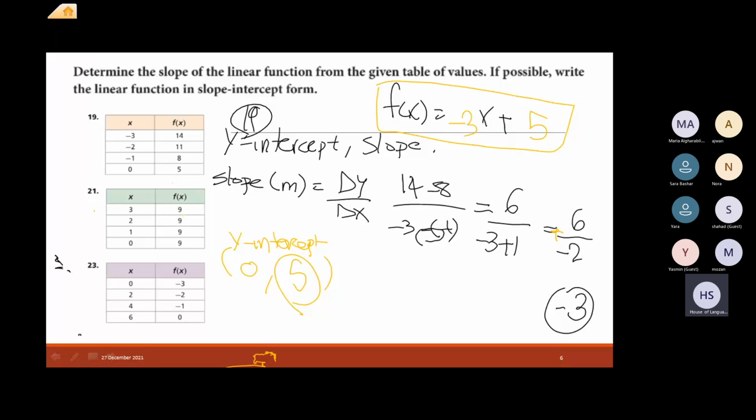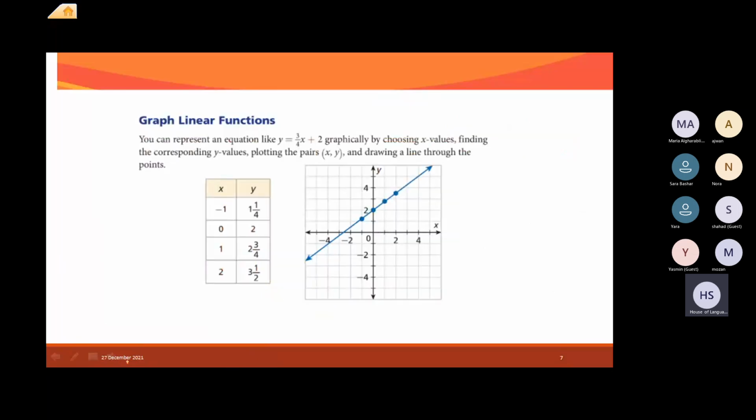Teacher, how am I going to solve this? It's going to be 0.5. Keep it as 1 over 2. There's no need, 0.5, okay. Teacher, negative 4 divided by 2. No, negative 2 divided by negative 4. Okay, on Wednesday I will solve 21 and 23 to check your answers.